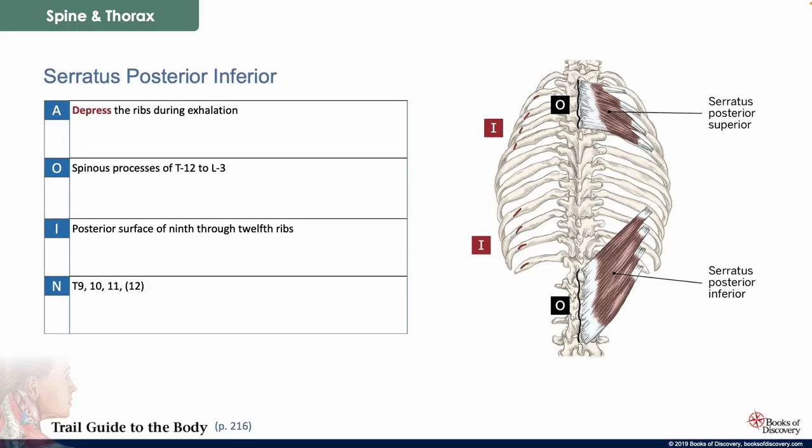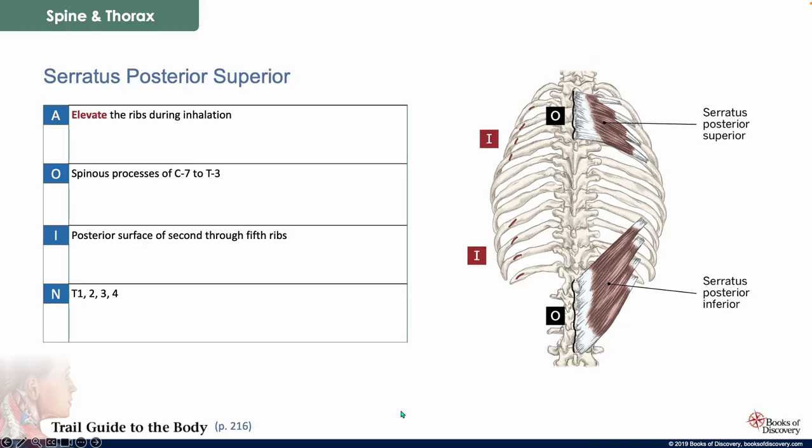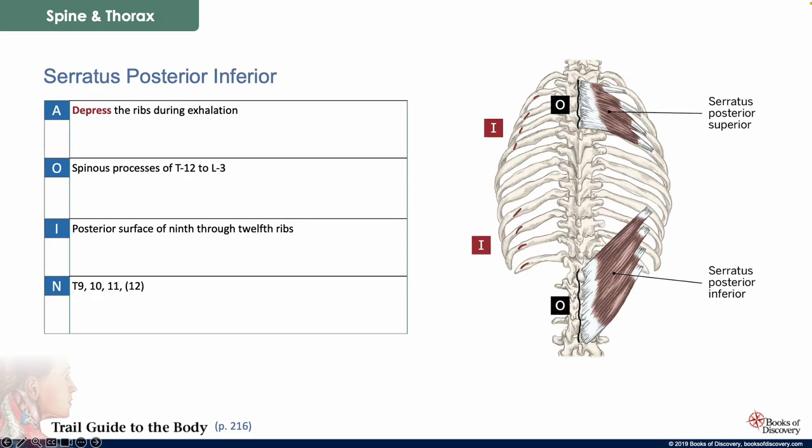All right, moving on. Here's the serratus posterior inferior. So superior is above, inferior is below. This guy elevates, so he's above, so he's expanding. This guy depresses, it's bringing the ribs back down for exhalation.